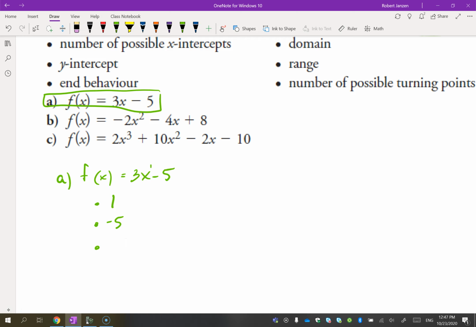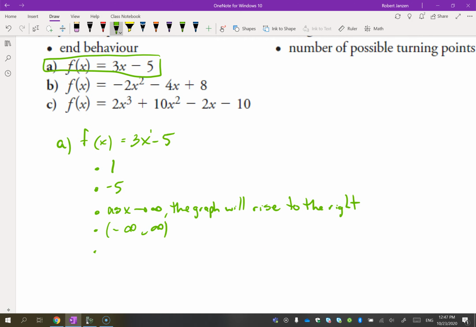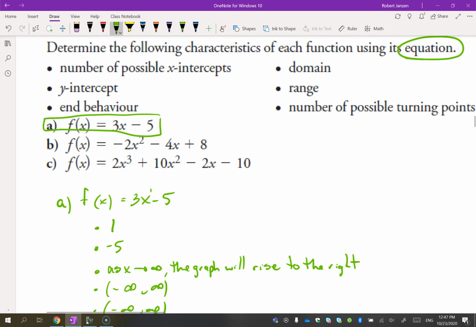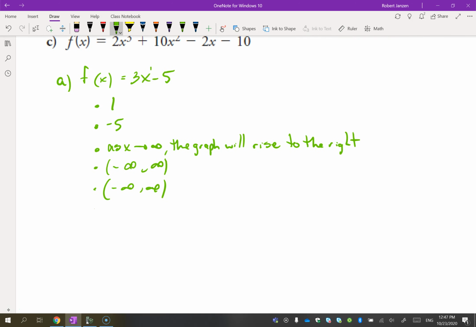So the end behavior is going to be as X approaches infinity, the graph will rise to the right. Okay, the domain for a line, degree 1, is always -infinity to infinity, and same with the range. And the number of possible turning points, a line has none.